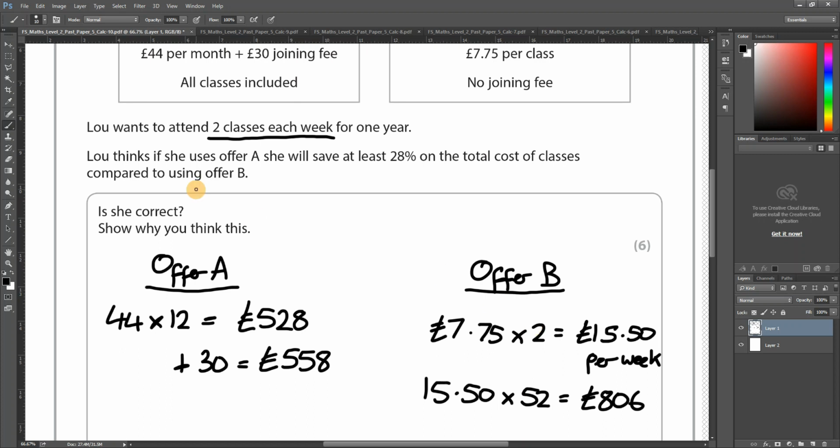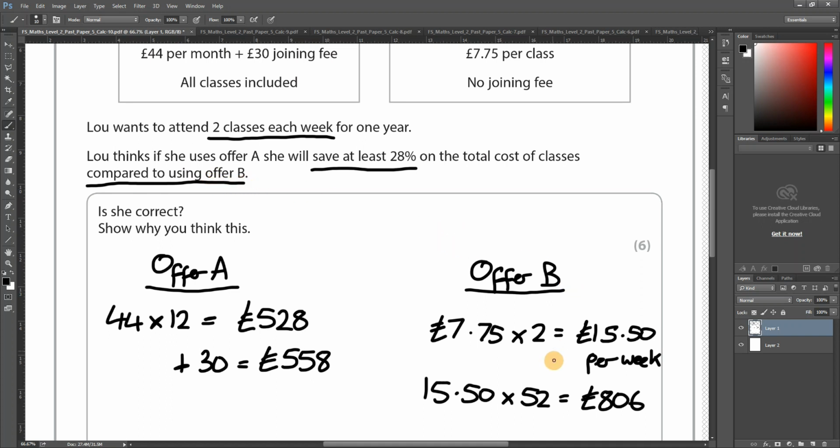It said in the question, Lou thinks if she uses offer A, she will save at least 28% on the total cost of classes compared to using offer B. So you're comparing with offer B. There's a couple of ways you can do this.